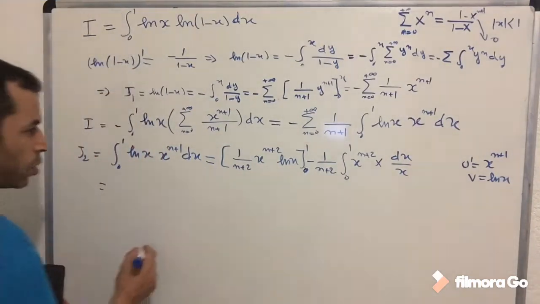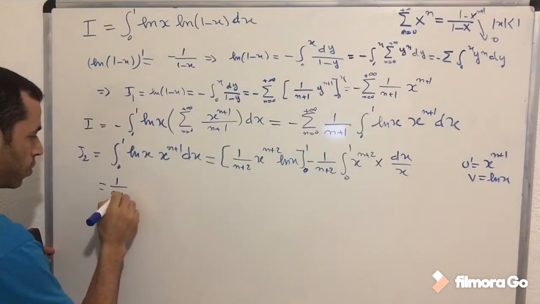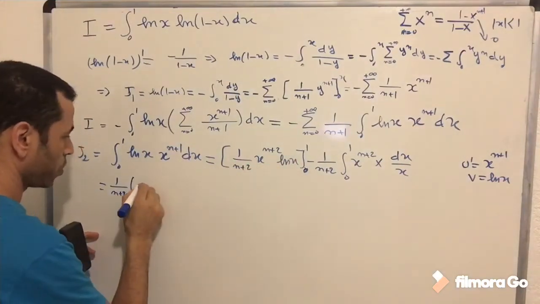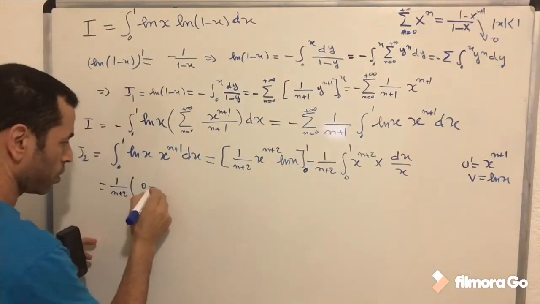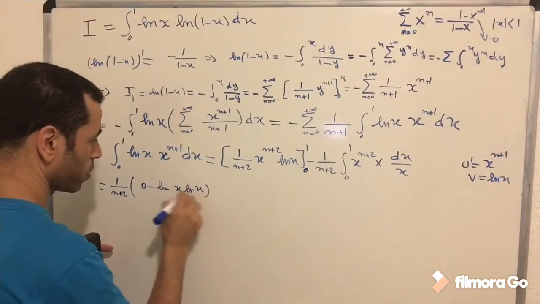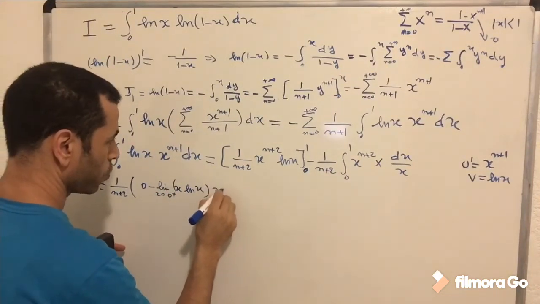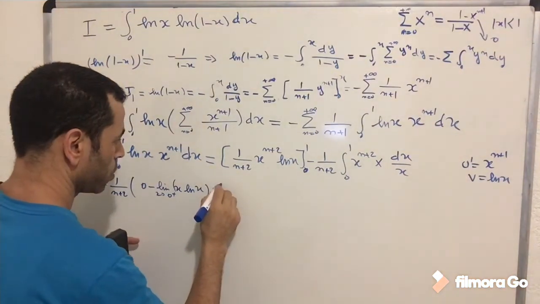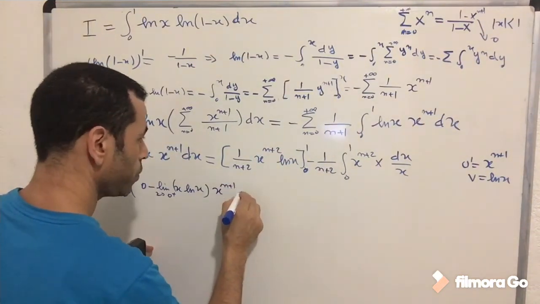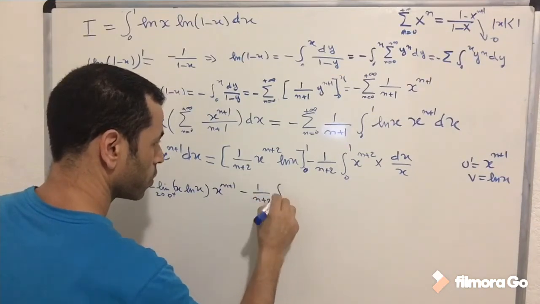So the limit, that means you plug in 1, this is 0 because you plug in 1, 0 minus the limit as x goes to 0 of x natural log x times x^(n+1), minus 1 over n plus 2, from 0 to 1.